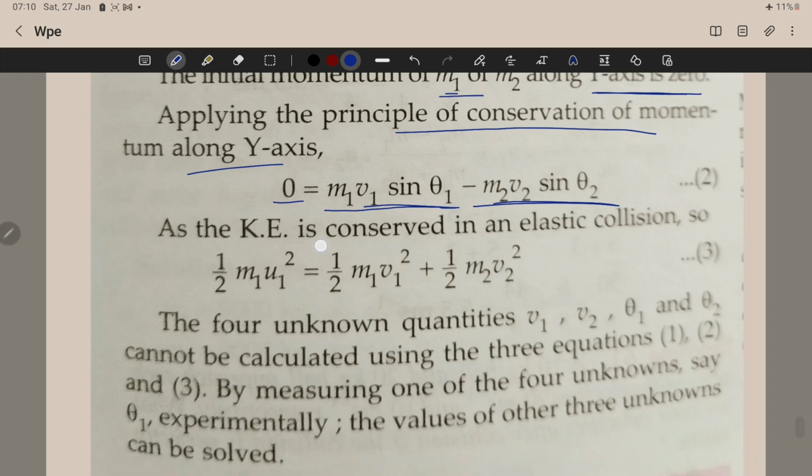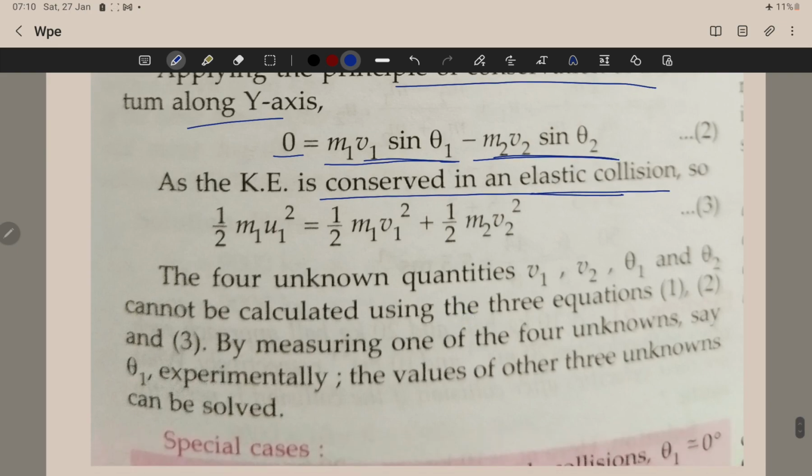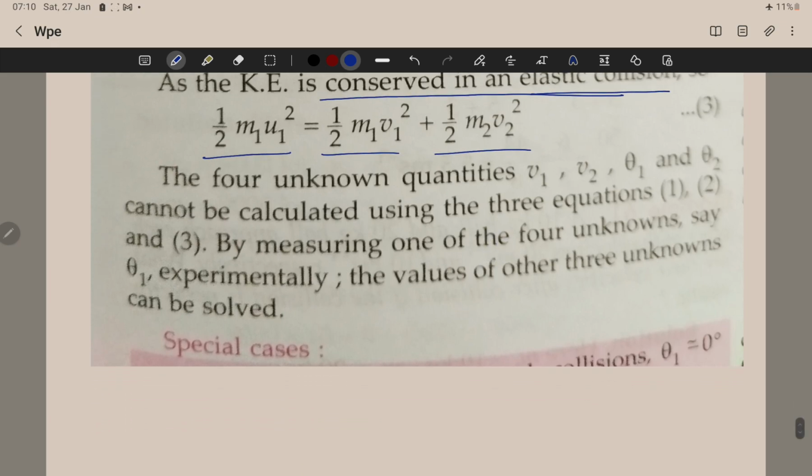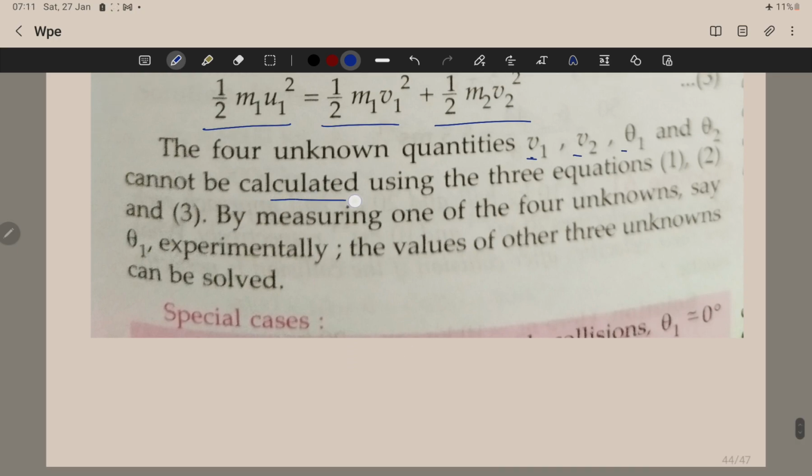As kinetic energy is conserved because we are considering an elastic collision, we can write half m1 u1 squared equals half m1 v1 squared plus half m2 v2 squared. So there are four unknown quantities: v1, v2, theta 1 and theta 2, which cannot be calculated using only three equations.